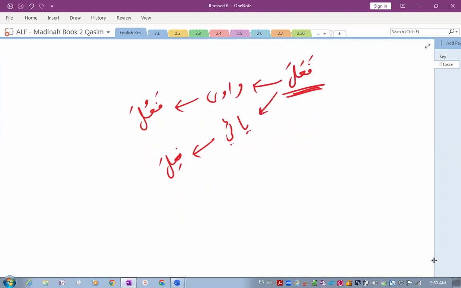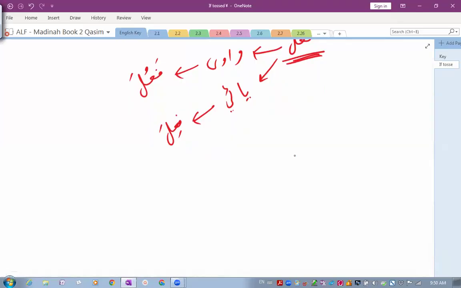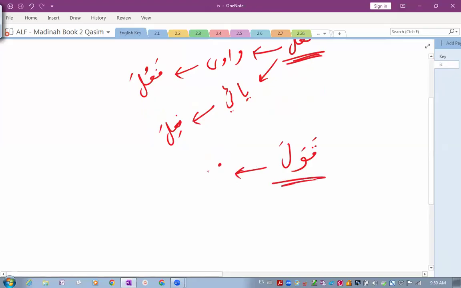So fa'ala, for example, if it is wawi, the example would be qawala. Qawala is wawi, so we will treat it as qawula, and from there it will be kulta, right?